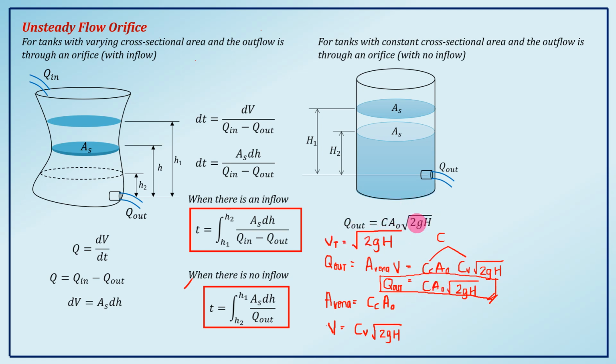Now substitute this into our equation of time, where we have the integration from H1 to H2 of AS dH over Q out.